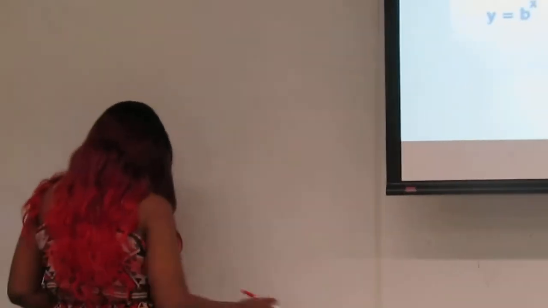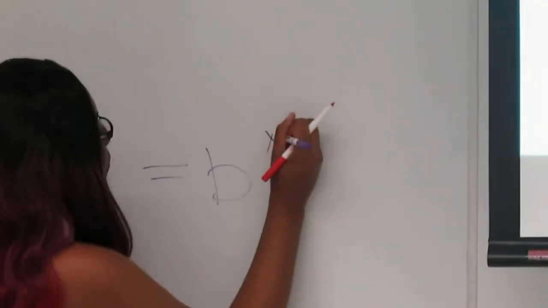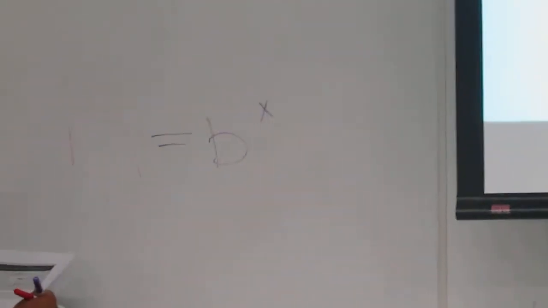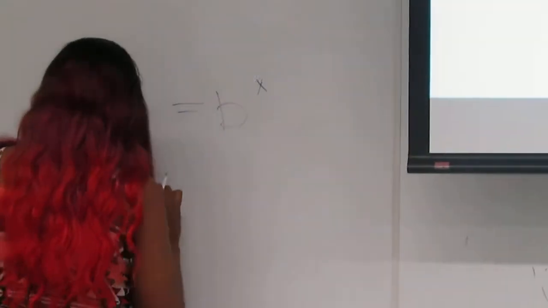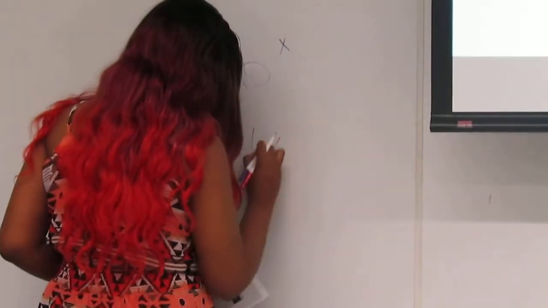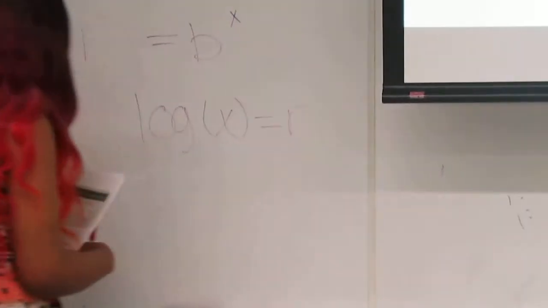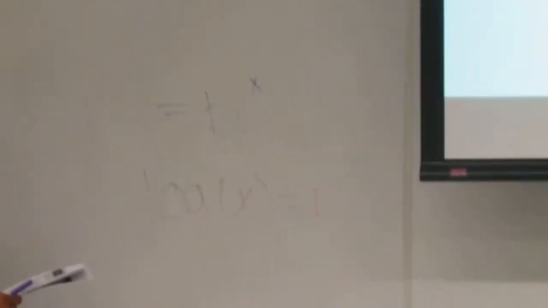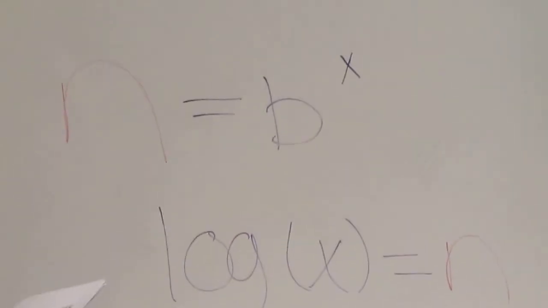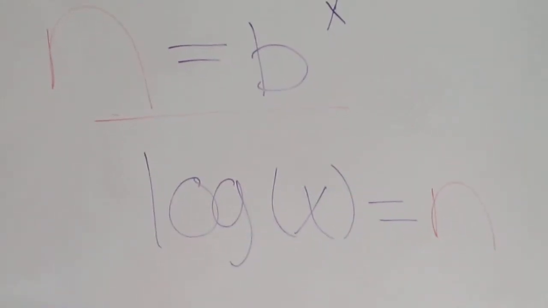N equals B to the X is equivalent to log base B of N equals X. On the left side, which is up here because I didn't have enough room, is the exponential statement.